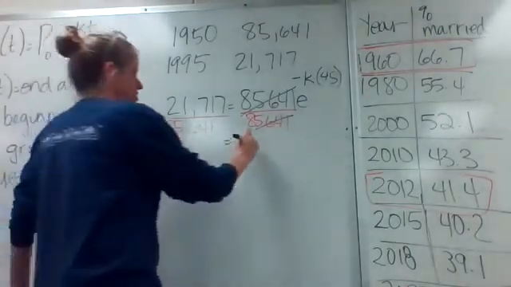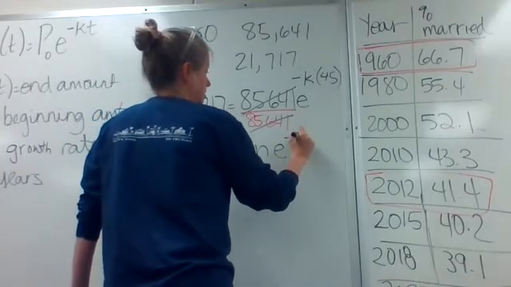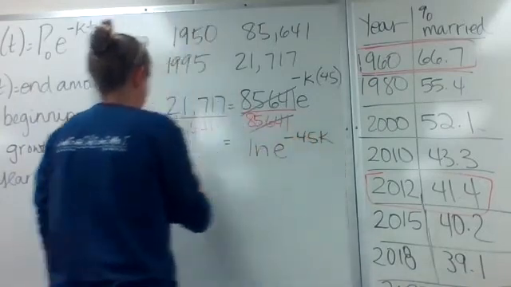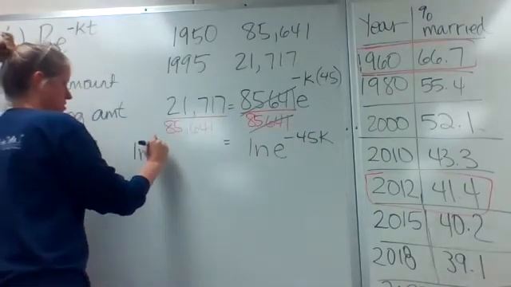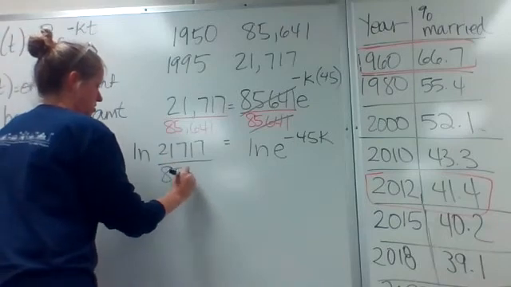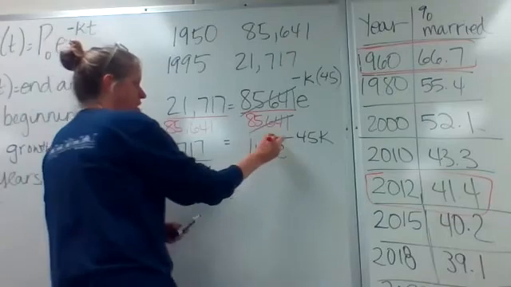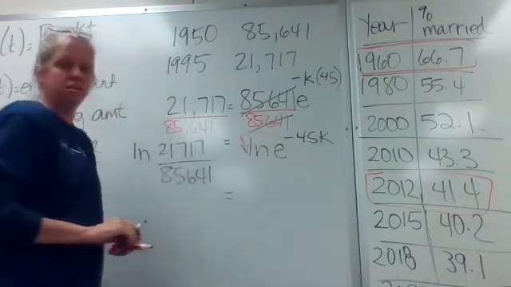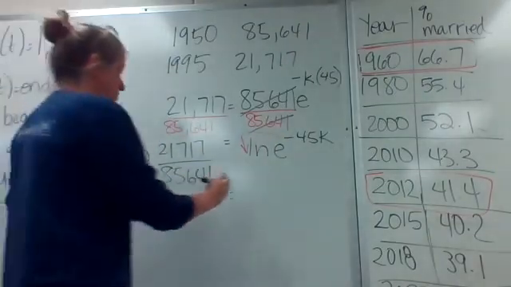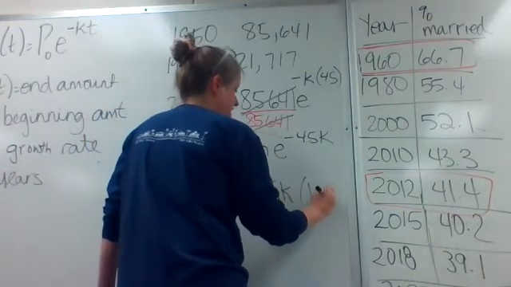ln both sides. All right, since I ln the right side, I'm going to bring down the negative 45K times ln of e.